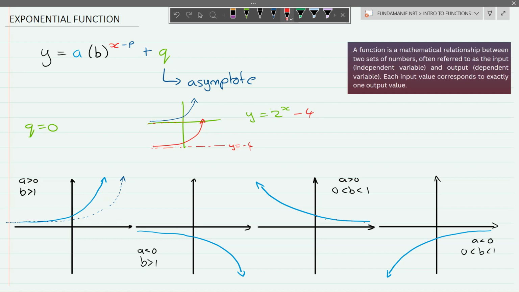Then it's also important to note with these types of functions that it's not a guarantee that you will have an x-intercept. Like with a linear function, you always know that there's going to be a y-intercept, there's going to be an x-intercept.